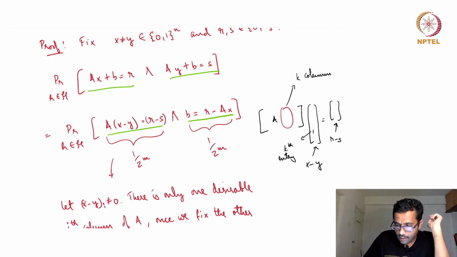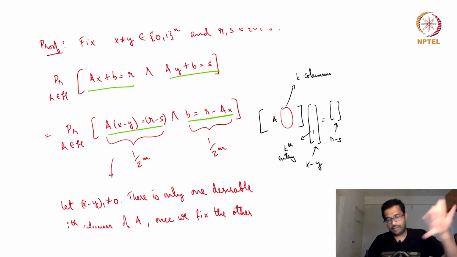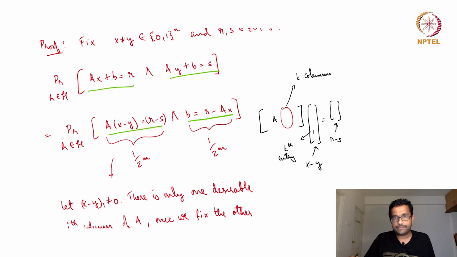Suppose everything outside the kth column was fixed. All the a's except the kth column were fixed, and you multiply x minus y with the rest of A. We know that the kth entry in x minus y is 1, and we are trying to get it to sum to a specific r minus s.